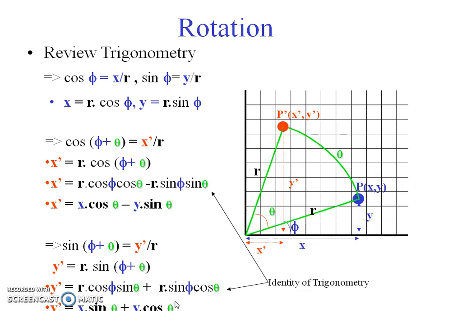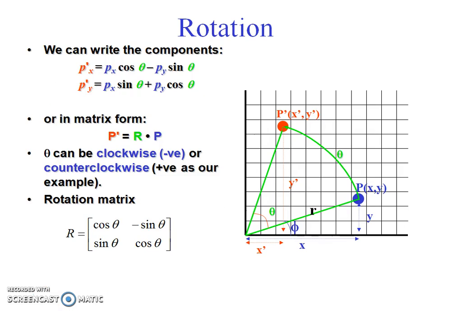These are the identities of trigonometry which we have already learned at intermediate level. These are the final equations which we get for P prime x and P prime y. And the matrix form of the rotation is R equal to cos theta, minus sin theta, sin theta, cos theta.